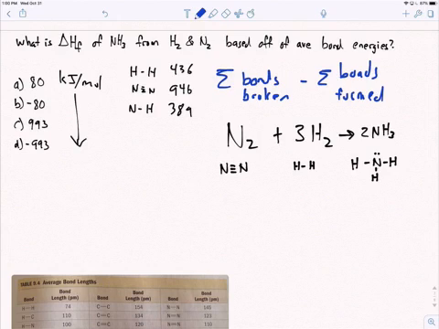And there are the average bond energies for hydrogen, nitrogen, and nitrogen single bonded to a hydrogen. And I've written the Lewis structures there for your convenience. Please also note there's 3 hydrogens and there's 2 ammonias.